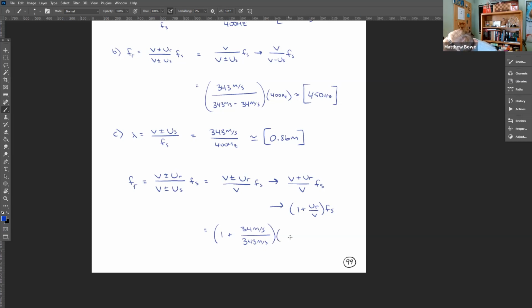The frequency of the source was 400 hertz. We get a frequency now received that is just about, so I'm just keeping everything nice and approximate, this is just about 440 hertz.